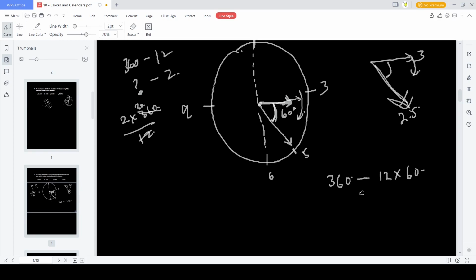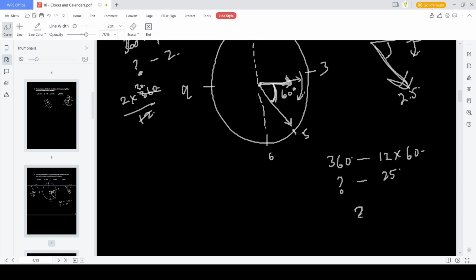So how many degrees is covered in 25 minutes? That is the question. Here we cross multiply again: 25 into 360 by 12 into 60 is the answer. This goes 6 times, this goes 2 times. So 25 by 2 is the degree moved by the hour hand towards the minute hand.